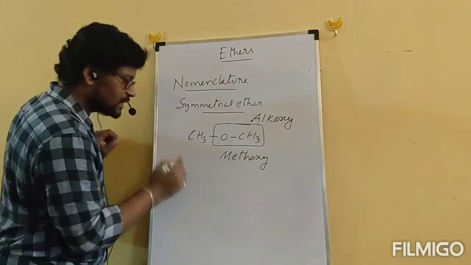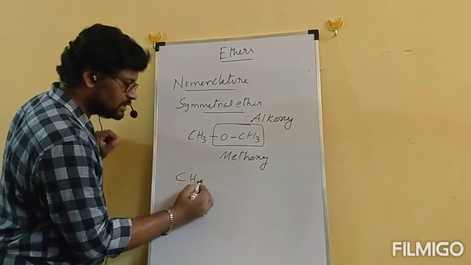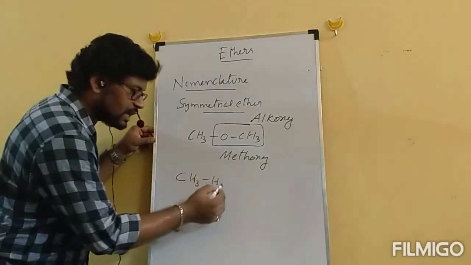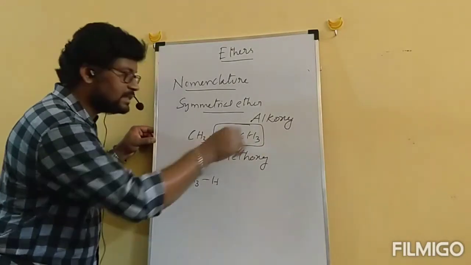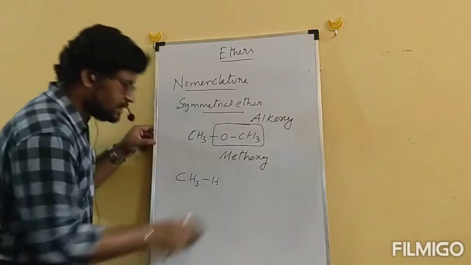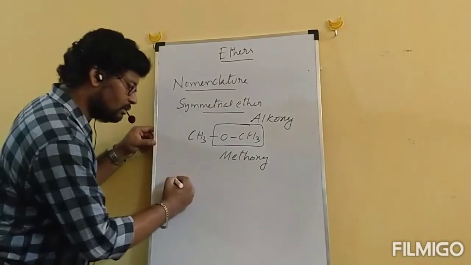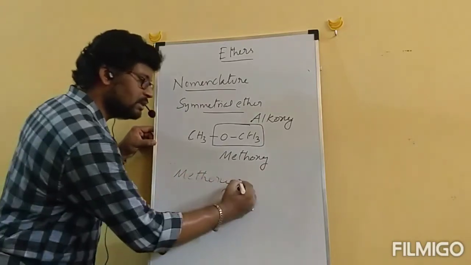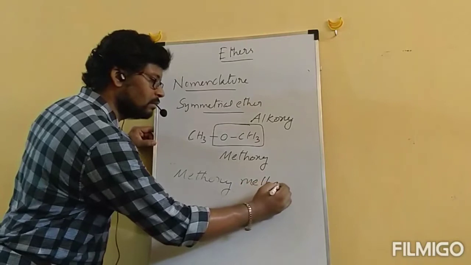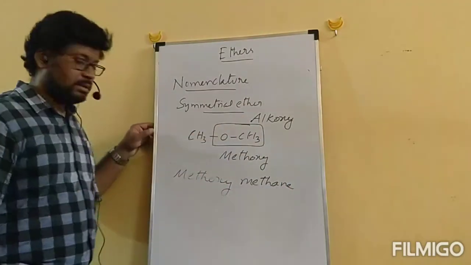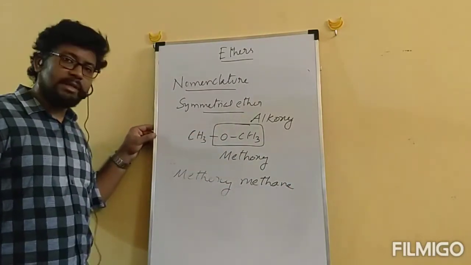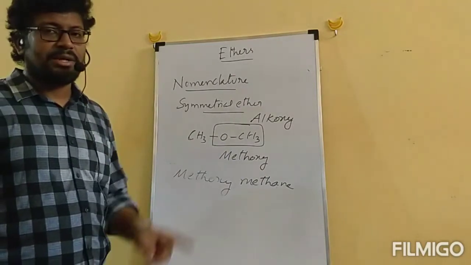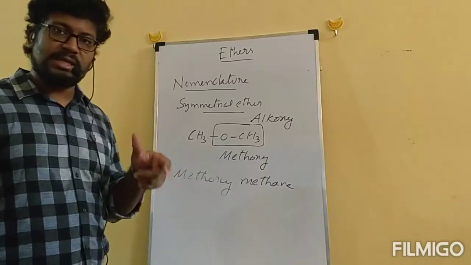Methane formula is CH4. Instead of this hydrogen we have methoxy. Like that it is treated, and it is given the name methoxymethane. What is the name of this compound? Methoxymethane.